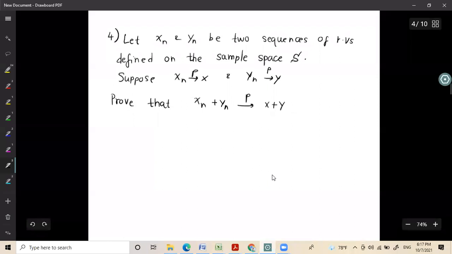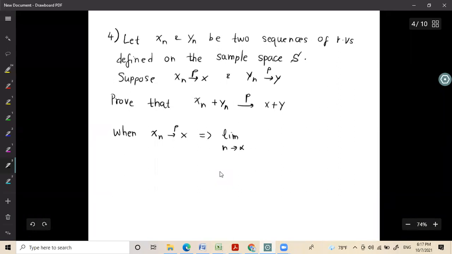So this is again a very easy one where you have to apply only the definition of convergence in probability. Very small trick, then you will be done. So let's use the information given. When xn goes to x in probability, what do you know? What is the definition? That means when n goes to infinity, probability xn minus x greater than or equal to epsilon is 0.